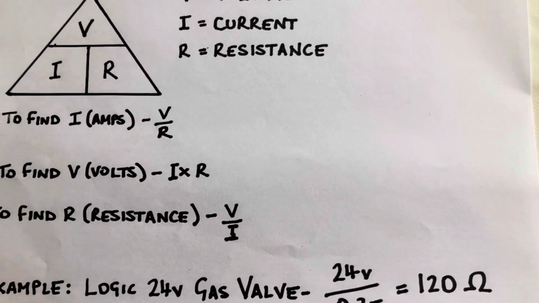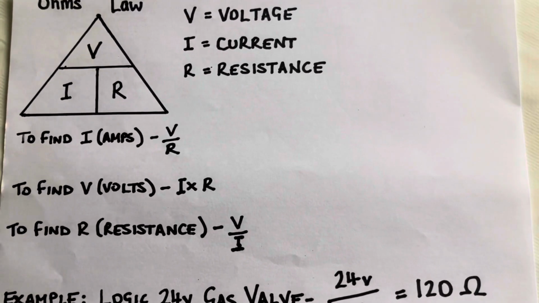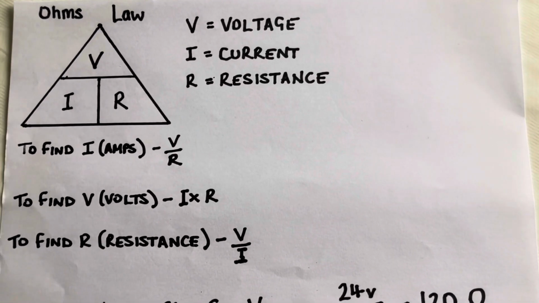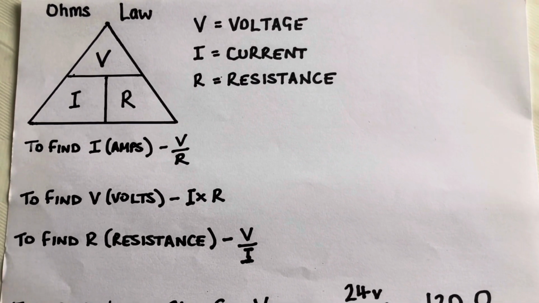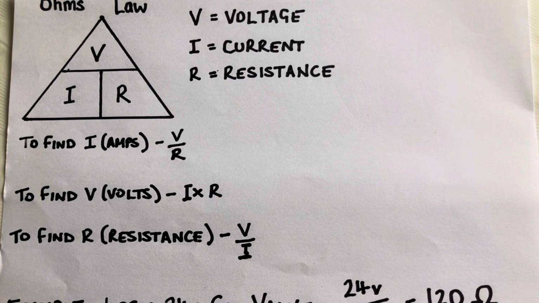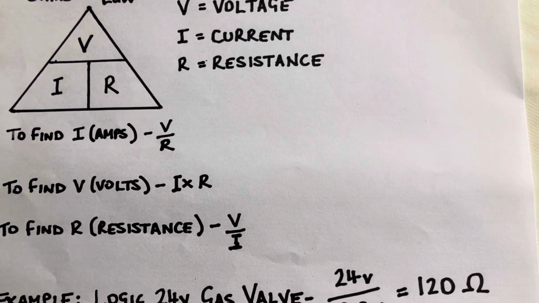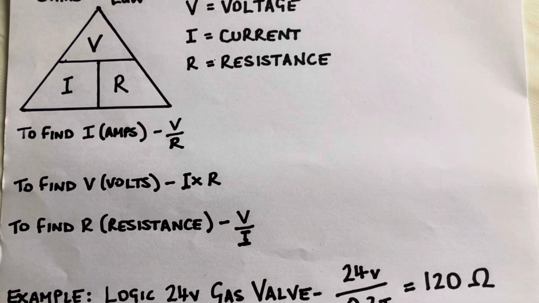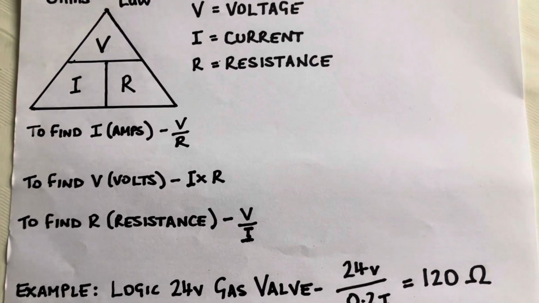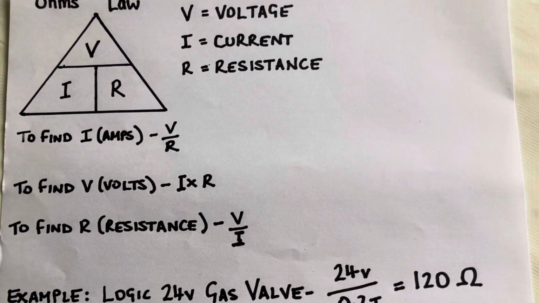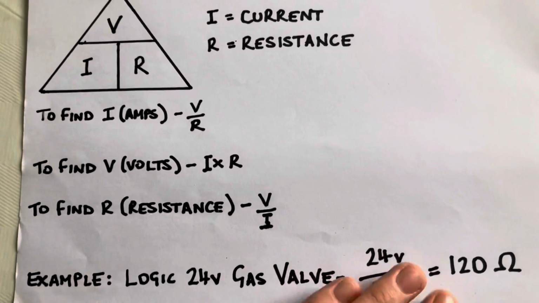So that gas valve in that boiler should be reading 120 ohms. And if it isn't, there could be a problem with the coil. So 120-ish, it could be 10% over or under. If it's 125, you'd be all right with that. So this is just a little bit of an example.